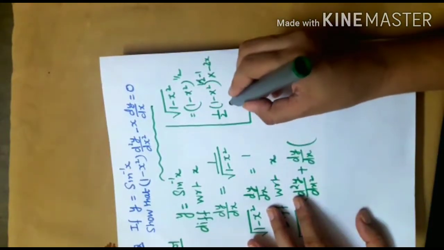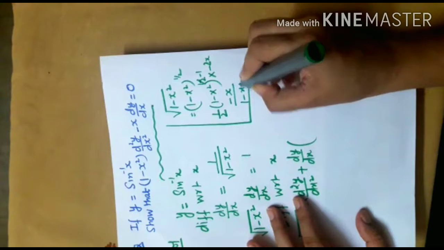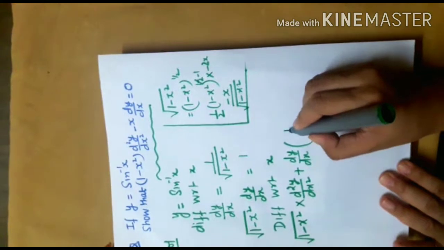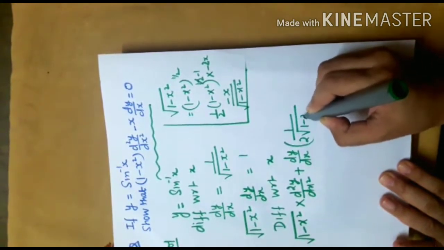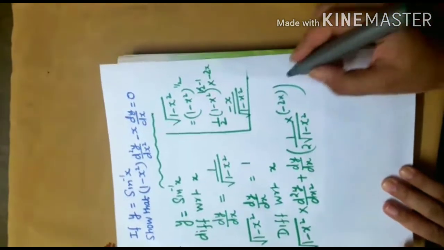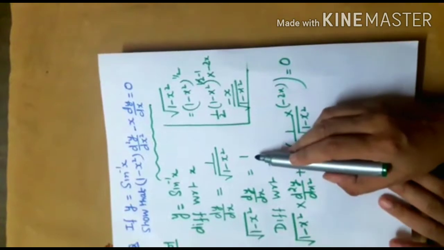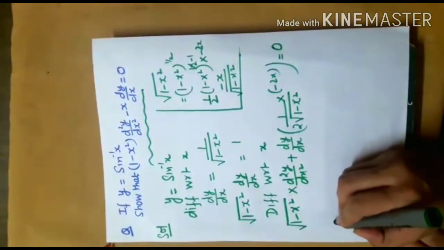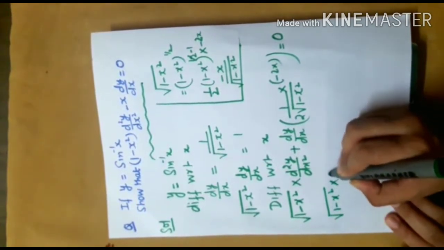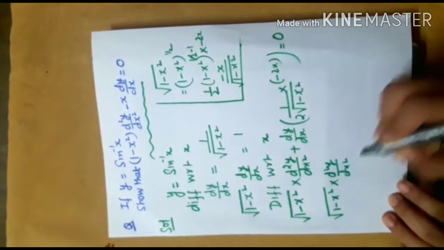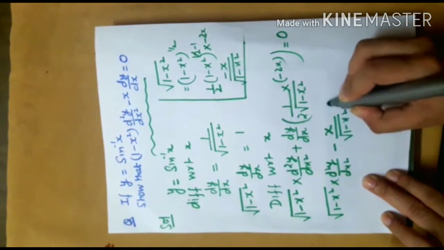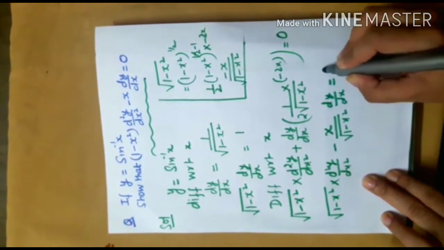So it will be minus x over this, right? So derivative of this is 1 by 2 root 1 minus x square into derivative of this, which is minus 2x, equals to 0. Derivative of 1 is 0. So I'll get 1 minus x square into d square y by dx square minus x over root 1 minus x square is equal to 0.